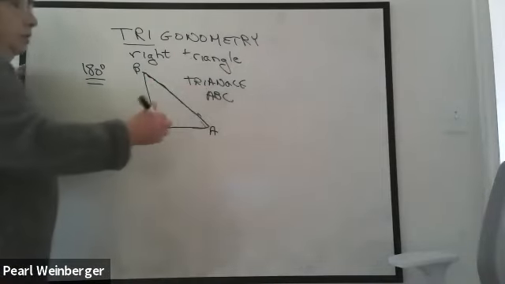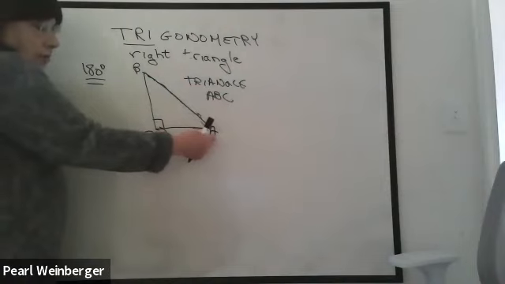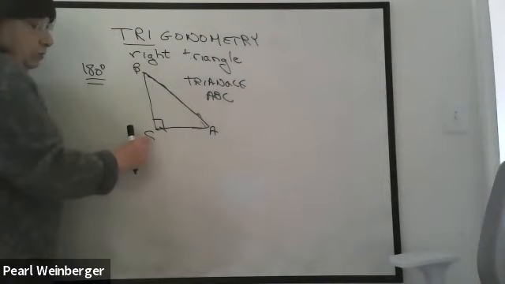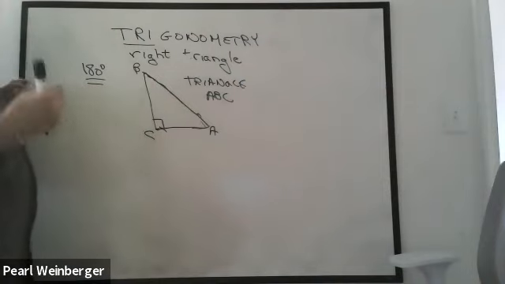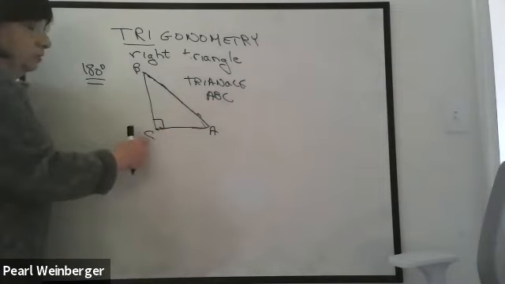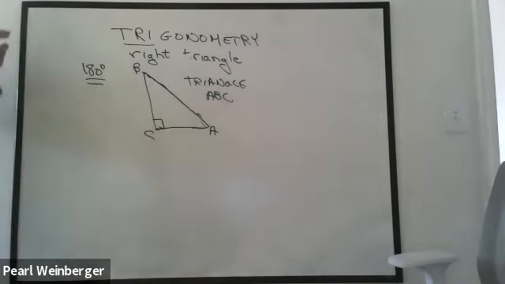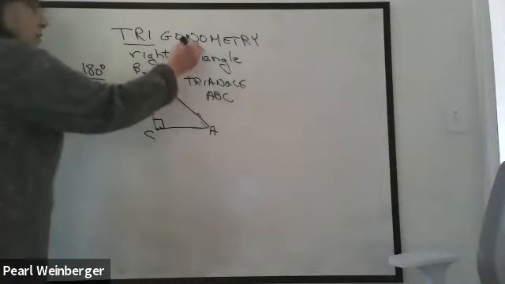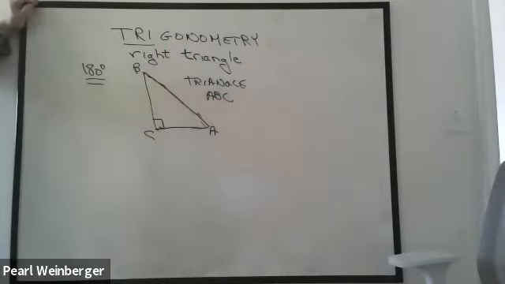Now, we call this angle angle A, this is angle B, and this is angle C. If you're using just the letters A, B, and C, it's most likely that the C is going to be your right angle. It doesn't have to be, but that's the most common way things are done.